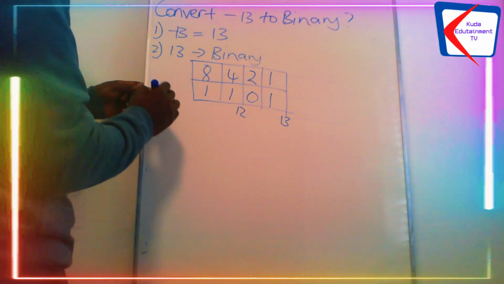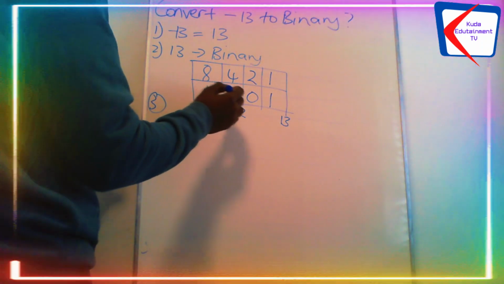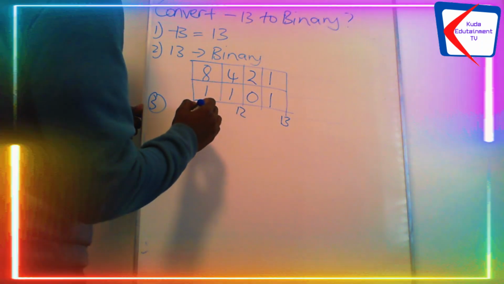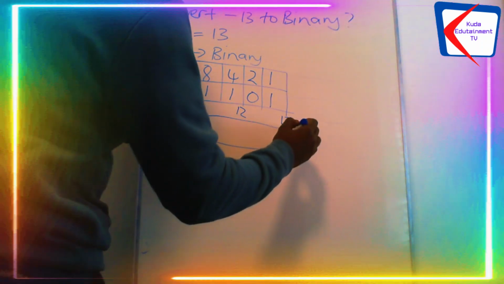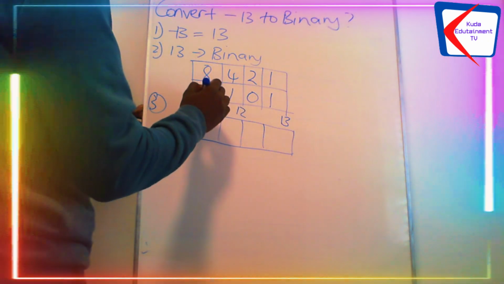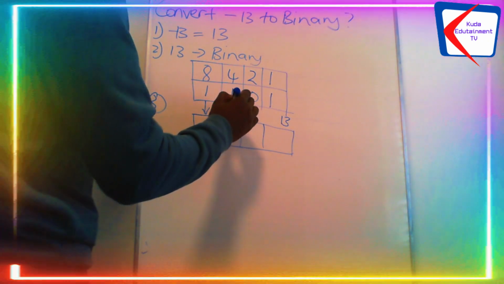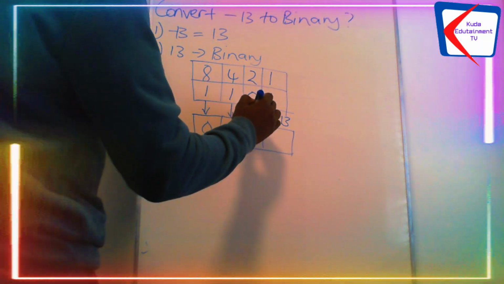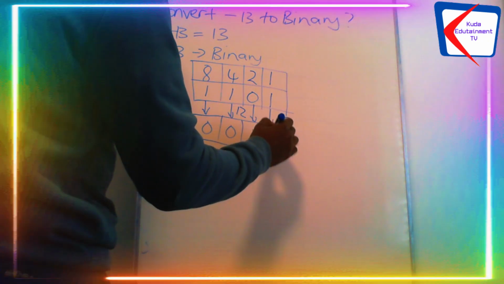So stage number 3, we need to invert, right? We need to invert all the 1s to zeros and zeros to 1s. That's stage number 3. So our 1 will become 0, this 1 will also become 0, this 0 will become 1, and this 1 will become 0.